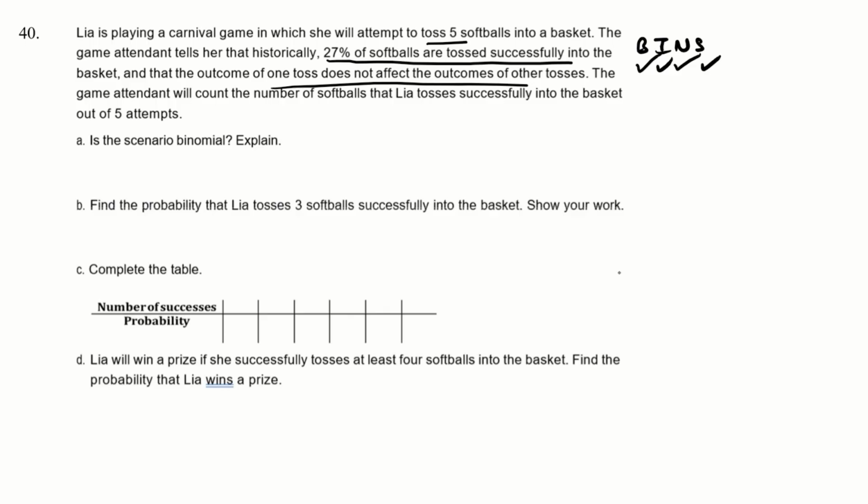The game attendant will count the number of softballs she successfully tosses out of 5 attempts. Is the scenario binomial? That's what we were just doing here, right? Okay. We're just going to kind of explain it. So yes, each toss is either a success or failure. Makes it, doesn't make it. I'm just going to put it on the top there.